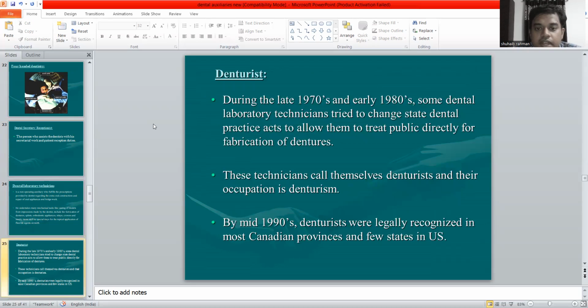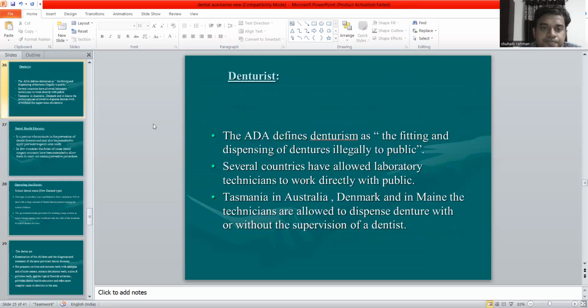Denturist. During the late 1970s and early 1980s, some dental laboratory technicians tried to change the State Dental Practice Acts to allow them to treat the public directly for fabrication of dentures. These technicians call themselves denturists and their occupation is called denturism. By the mid-1990s, denturists were legally recognized in most Canadian provinces and a few states in the US.